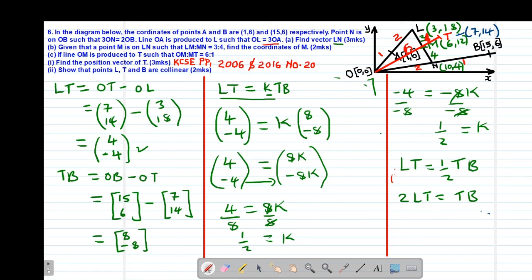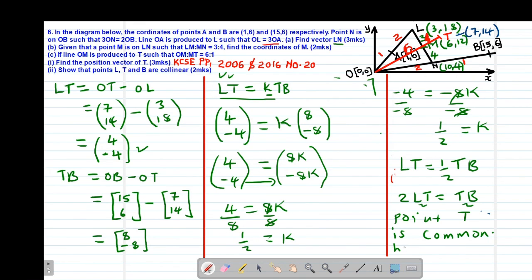This shows that the vectors LT and TB are parallel to each other, since there is a scalar multiple between them. And the point T is common, or shared. So once you're able to show that one vector is a scalar multiple of the other and there is a shared point, then you have proved that the 3 points L, T, and B are collinear.